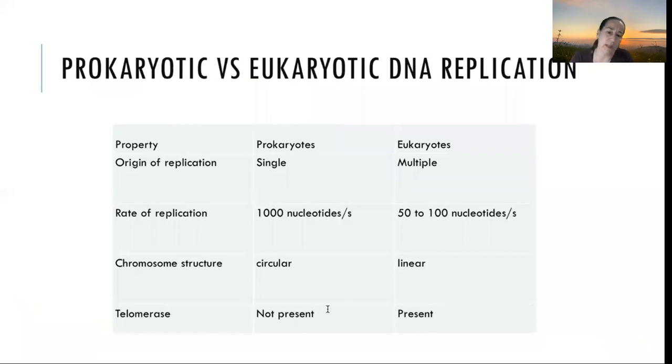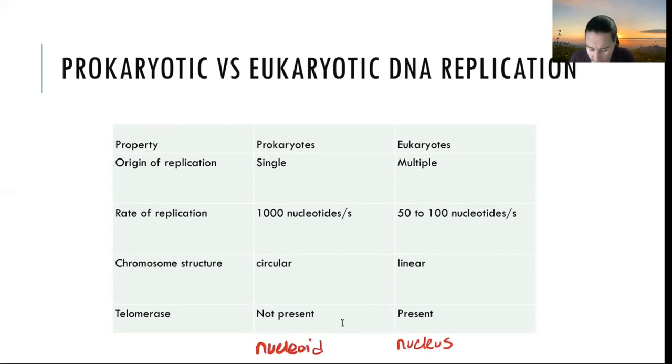All right, so the last part in here is going to be our repairs. Before we get to those repairs, though, let's compare the DNA in prokaryotes and eukaryotes. We said that their DNA was located in the nucleus for eukaryotes and the nucleoid for prokaryotes.